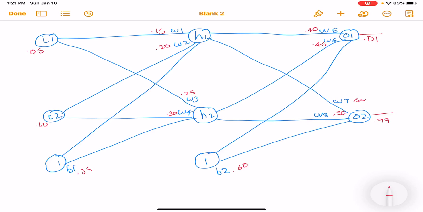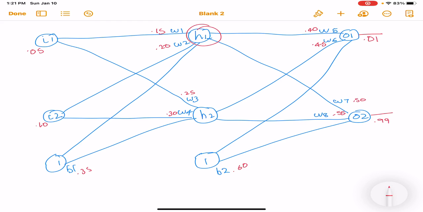So let us first find out how to calculate the total net input for each of the neurons, beginning with our first neuron, which we will select as H1.